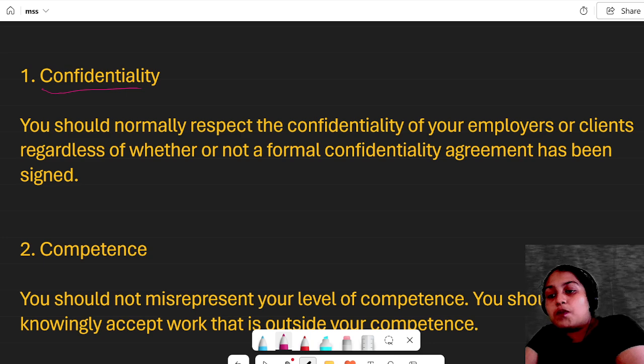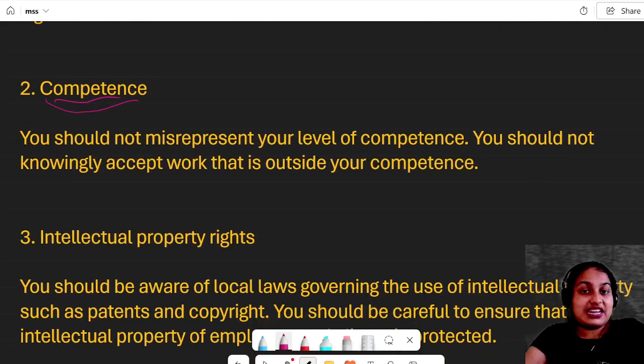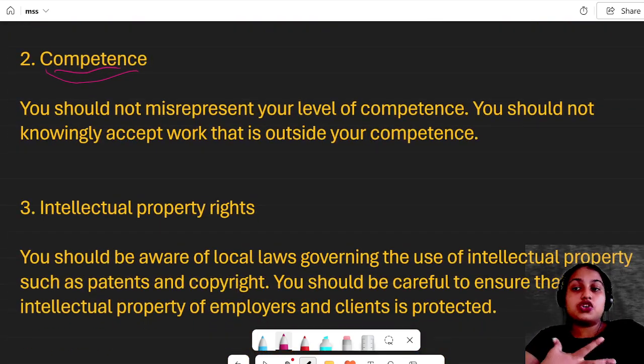And then comes competence. Competence means we should not misrepresent our level of competence. That is, we should not knowingly accept work that is outside our competence. So we have a level and we should stand at that.